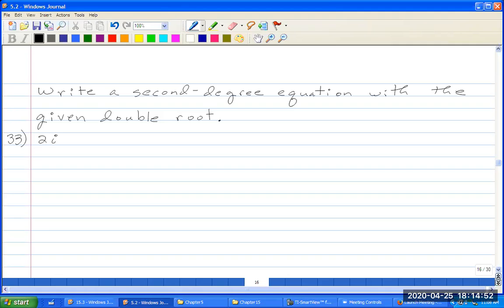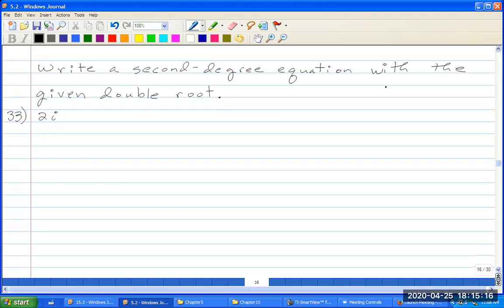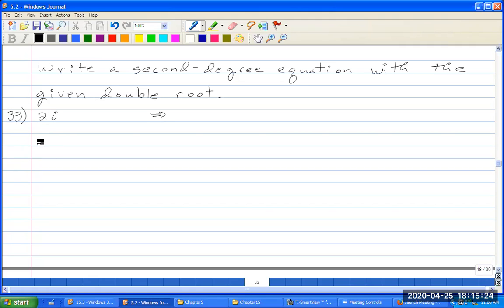And so just recall that if 2i is a root to your real polynomial, then plus or minus 2i will be roots to your polynomial.